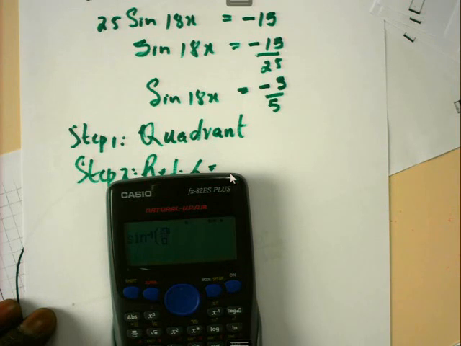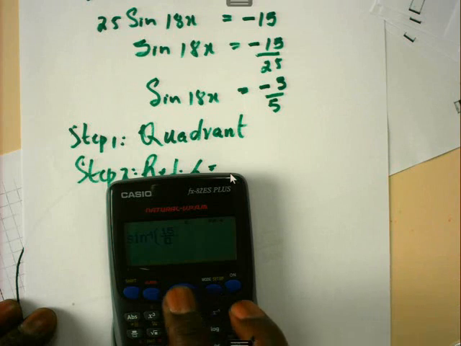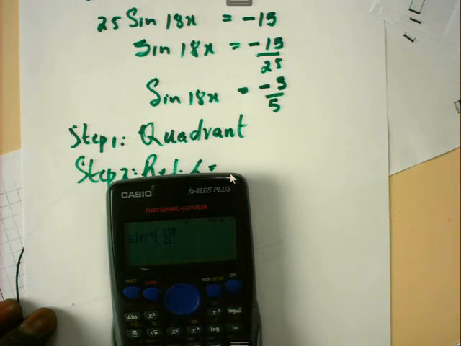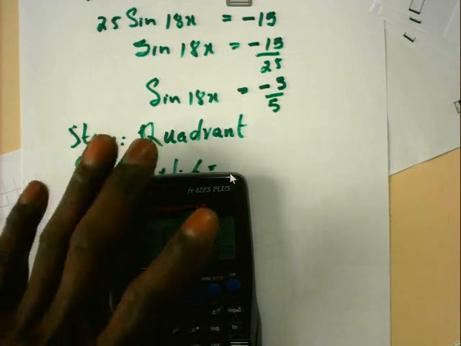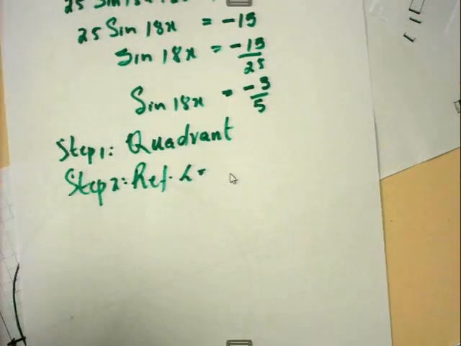Then I'm having 15 divided by, I move the cursor down. Now 15, I've simplified that, so I can just write 3 divided by 5, close the bracket. Now that was too early, I must move the cursor, close the bracket, and I'll have my reference angle.